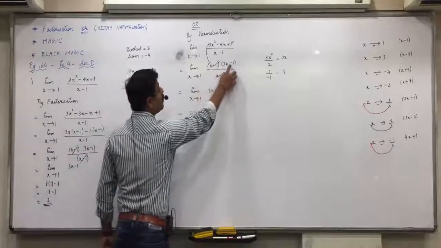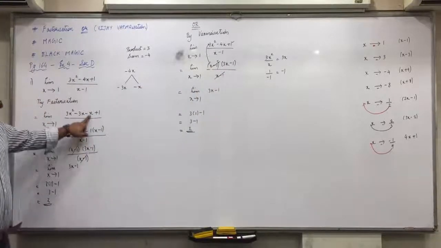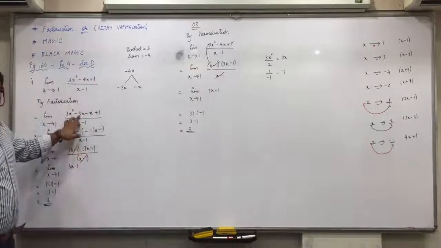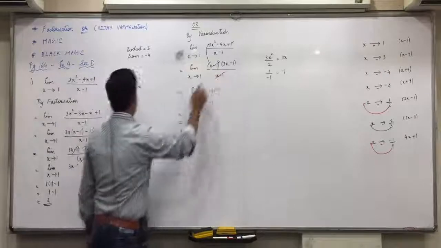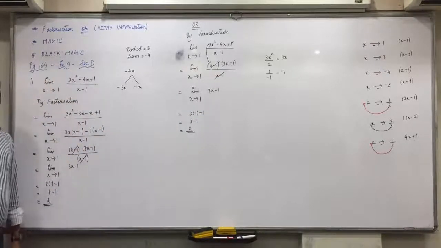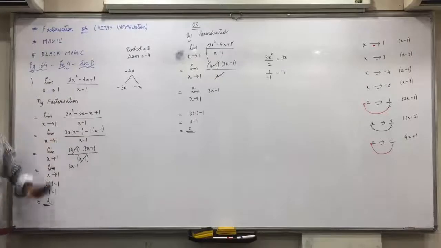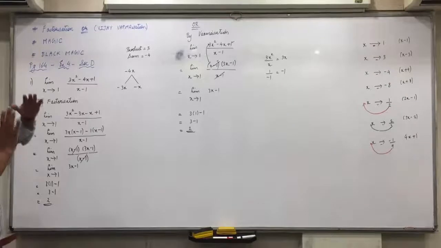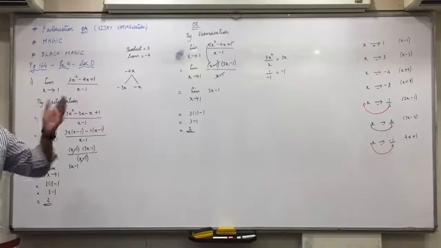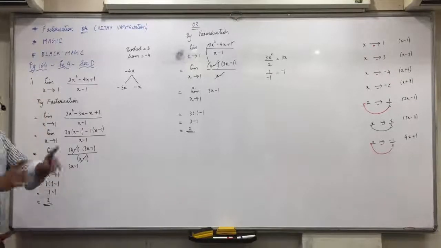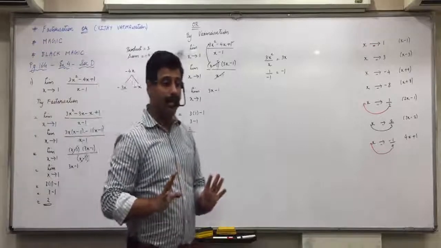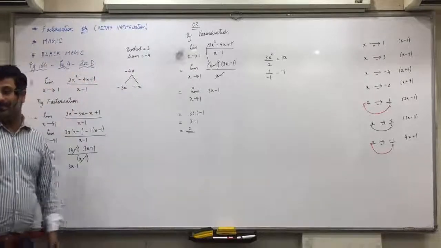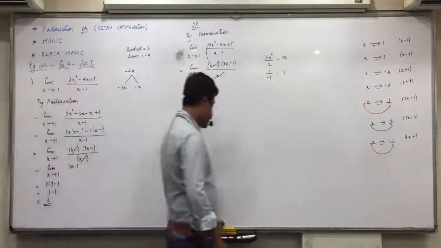What is x into minus 1? Minus x. What is minus 1 into 3x? Minus 3x. And what is minus 1 into minus 1? Plus 1. And then you show in between the common factors. In case they insist that you show the factorization, then leave 2 lines in between and show the factorization. But in the class I'll be doing it directly. Is everyone okay with this? Any doubts with this? No. Question 18.